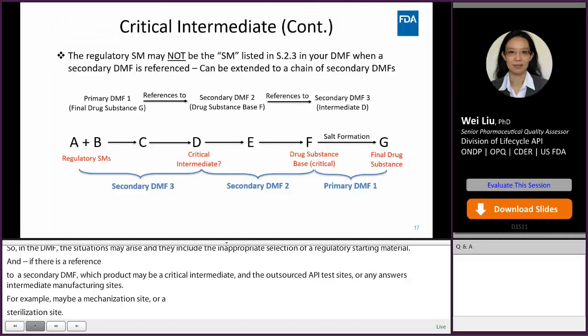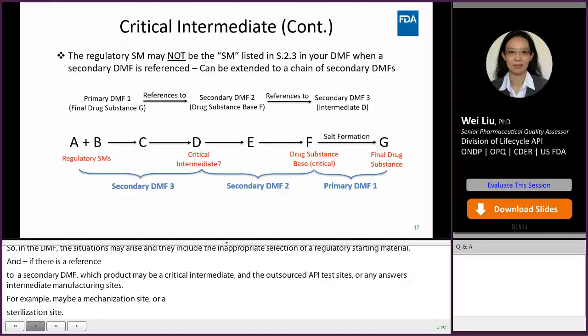In this case, the drug substance base F is generally considered critical, and its manufacture facility in DMF number 2 will be evaluated. For intermediate D, we still use the principles we just discussed to determine whether it is critical or not.